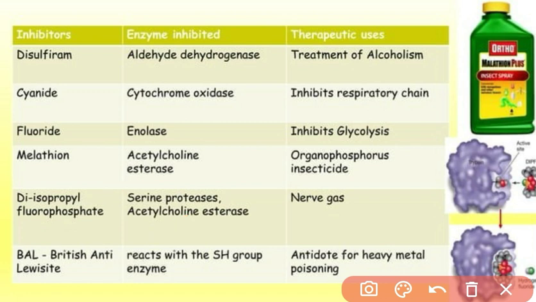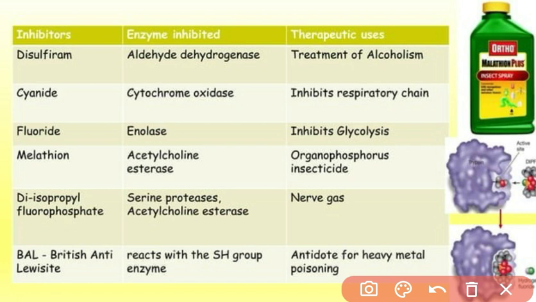The next example, BAL, British anti-lewisite, or dimercaprol. It is a medication used to treat acute poisoning by heavy metals like arsenic, mercury, gold and lead.